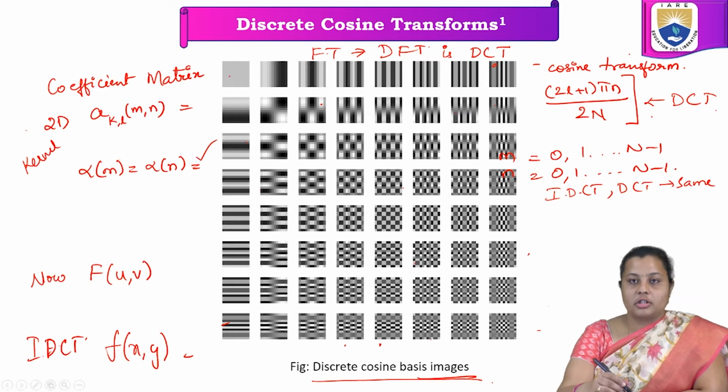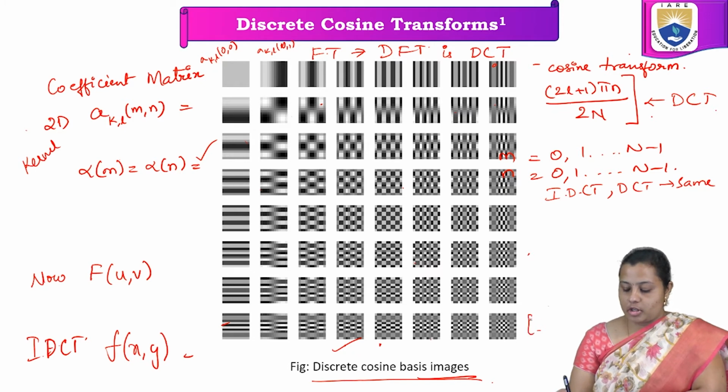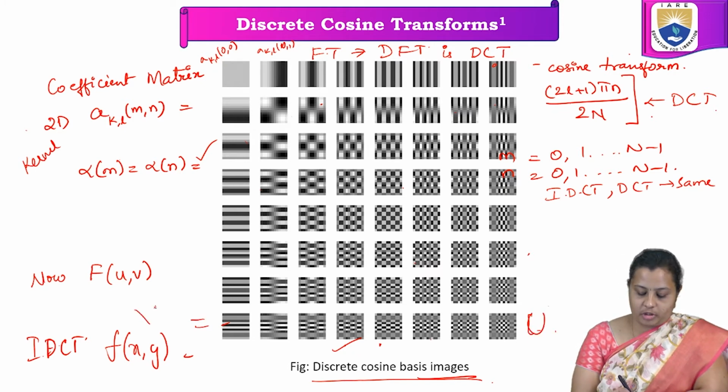These are given by the basis functions, which are A00, A01, so on and so forth. These are the coefficient matrices by which we multiply our input image U and we get our output image V.